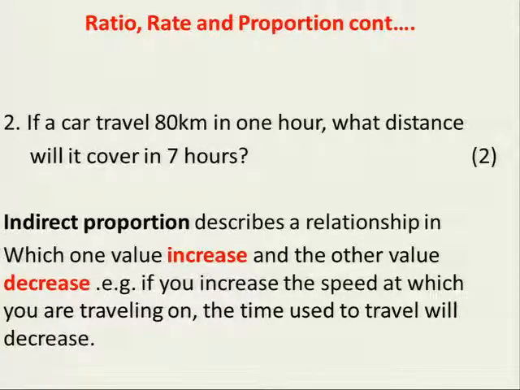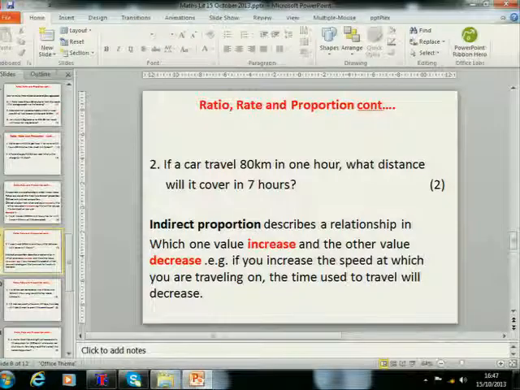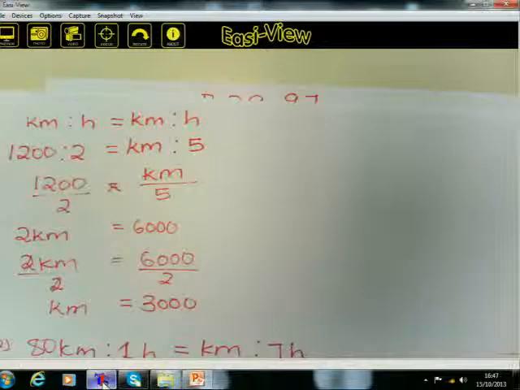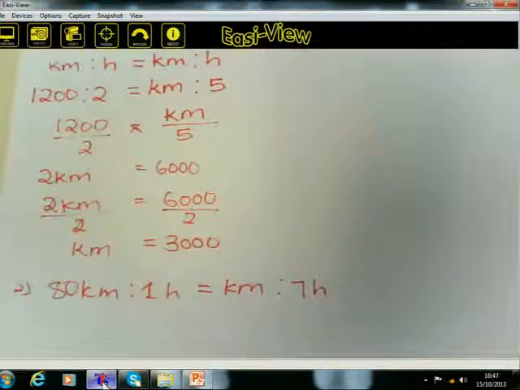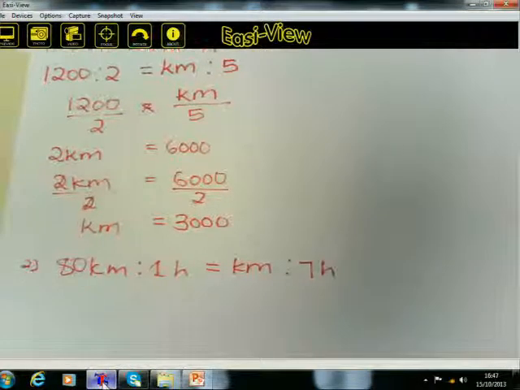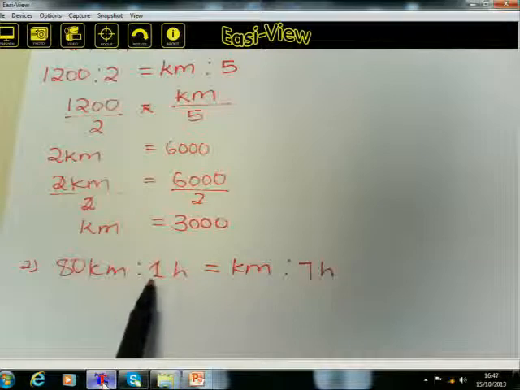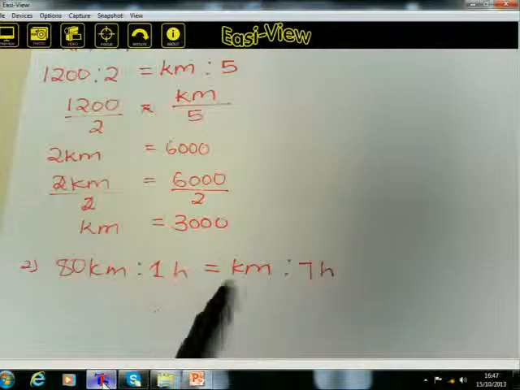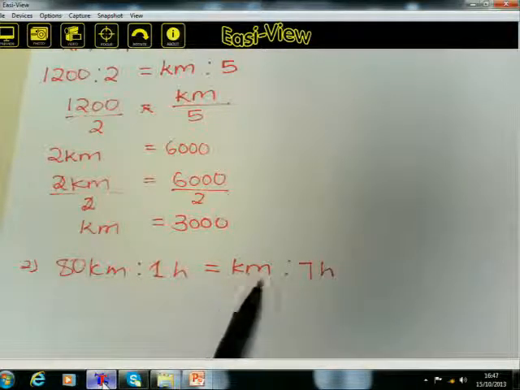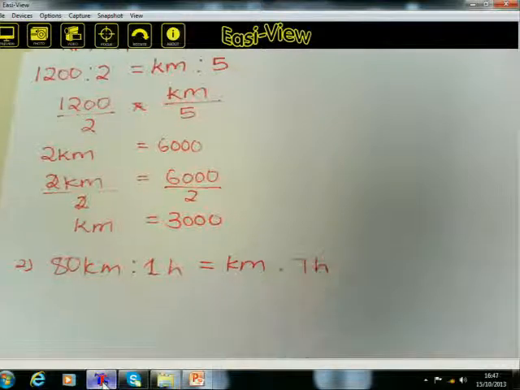In 1 hour is equals to, we don't know the kilometers, and that will be done in 7 hours. So what do we have here? We have 80 kilometers in 1 hour. We don't know the next one, we don't know the kilometers, but we know that we have 7 hours.